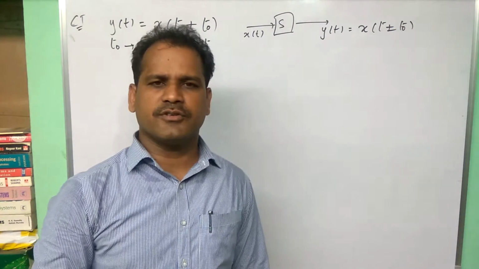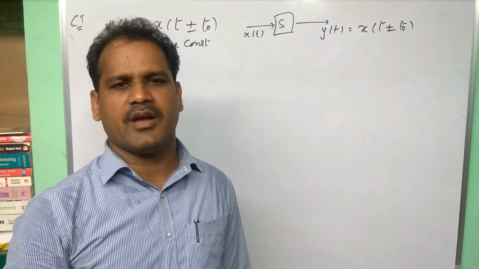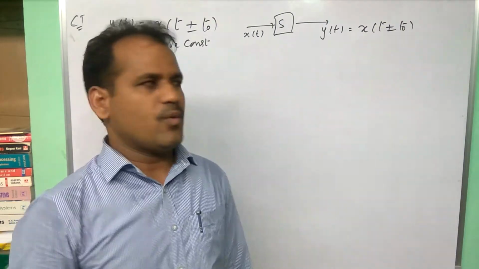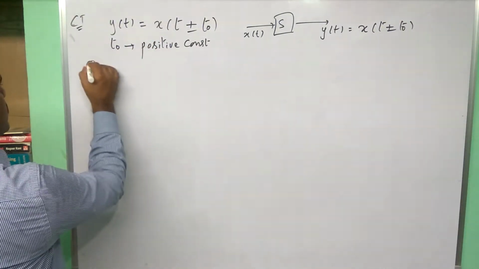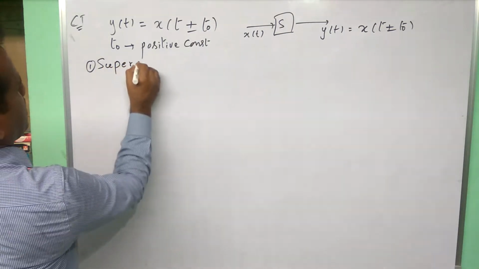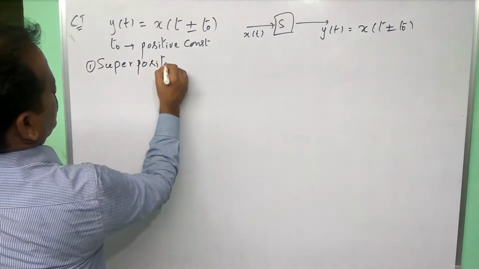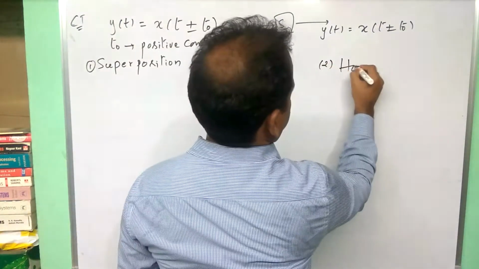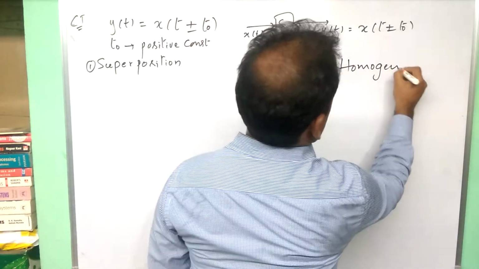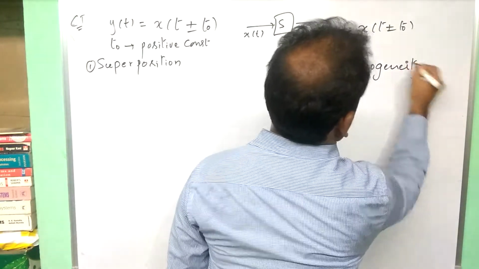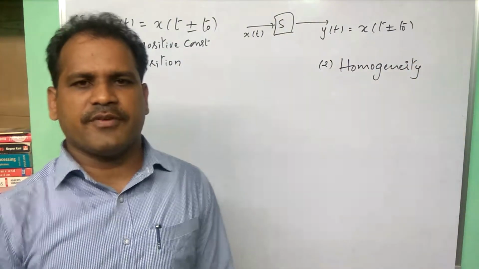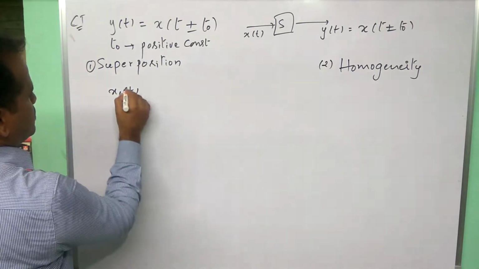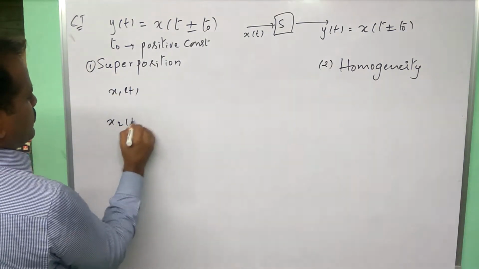According to the procedure for checking linearity, we are considering two principles. One is superposition. Second one is homogeneity. In superposition verification, we are considering two input signals, x1 of t and x2 of t.